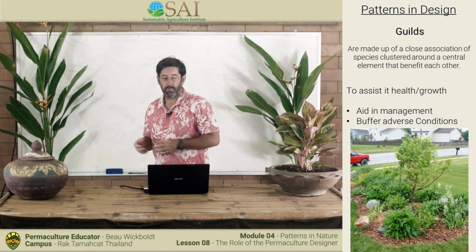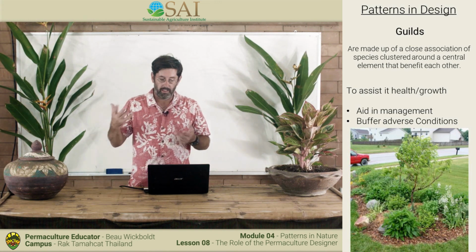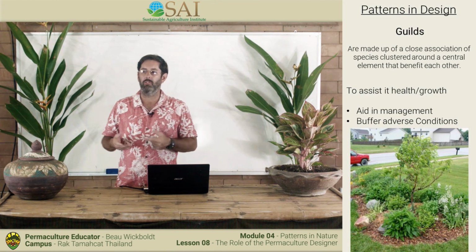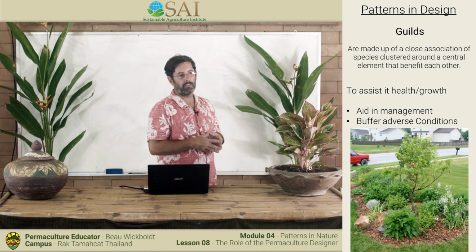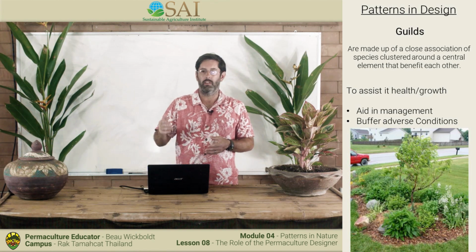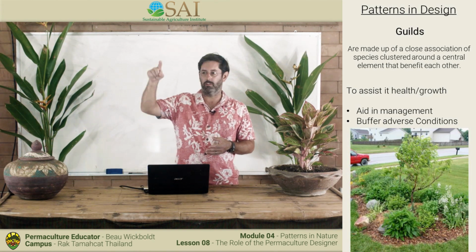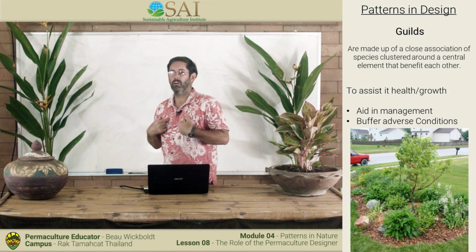Guilds. They're made up of close associations of species clustered around a central element that benefit each other. Well, what does that mean? And why is a guild different than companion planting? Companion planting typically means that one thing takes something from the other. For instance, the corn provides the trellis for the bean, and the bean provides nitrogen for the corn. There's an exchange. Typically a guild, though, is about us.